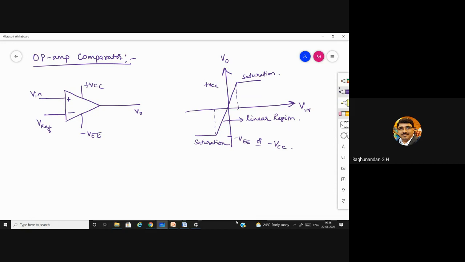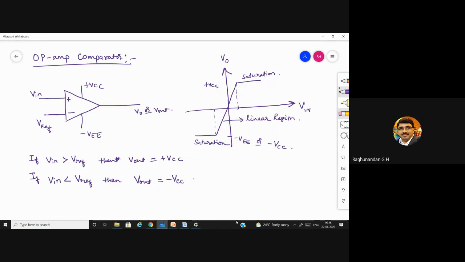Here we have two conditions. If input is greater than V reference, then output V out will be equal to plus VCC. If input is less than V reference, then V out will be equal to minus VCC.